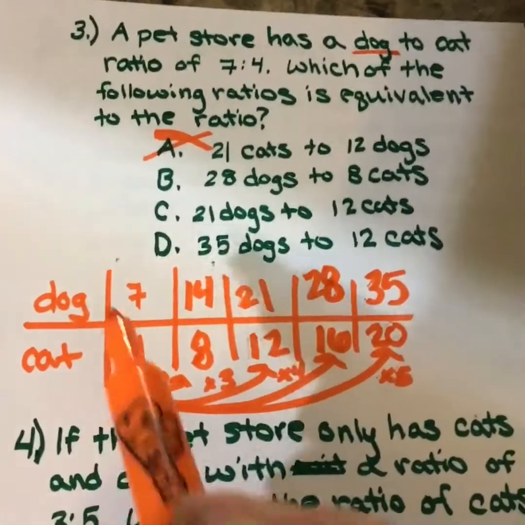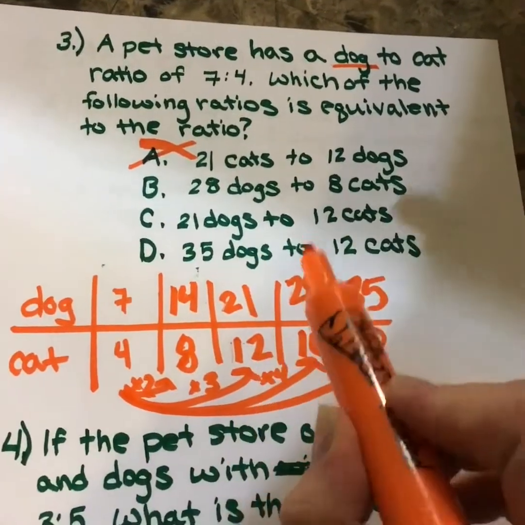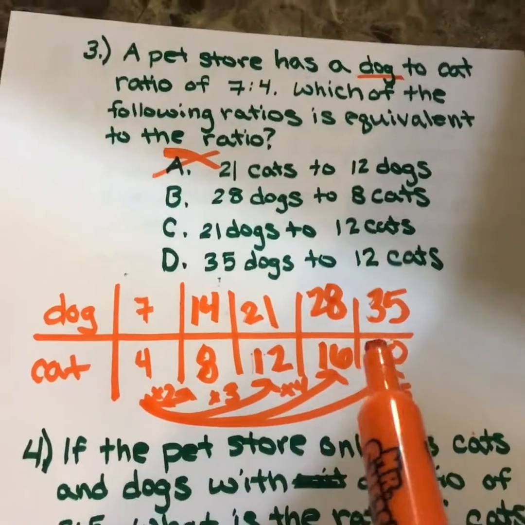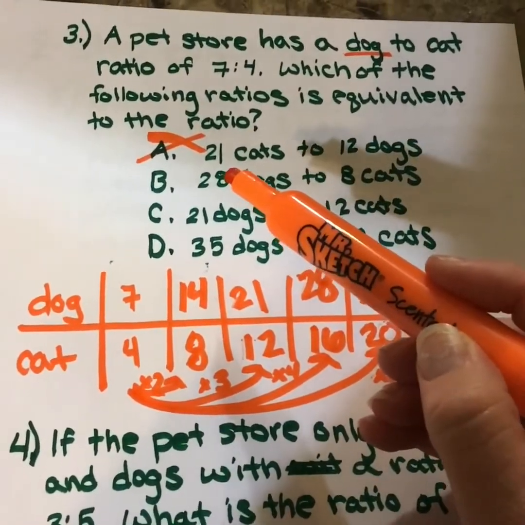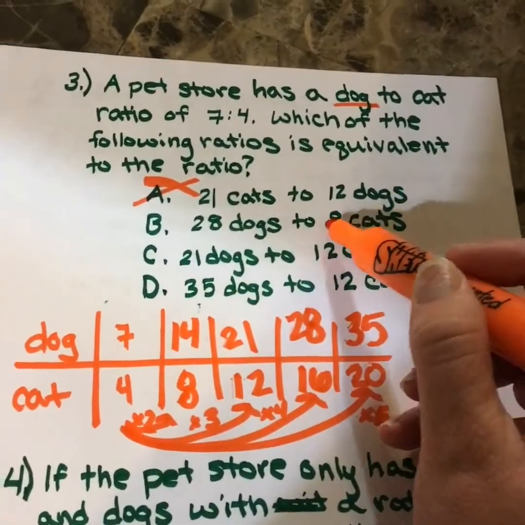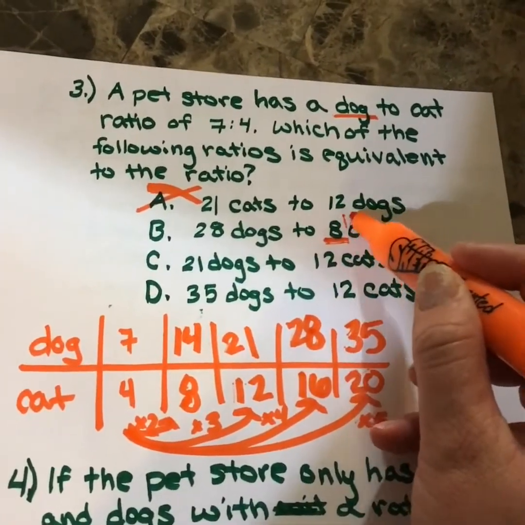So we know every single one of these ratios, up and down, are equivalent. So do we have any of those? Is there a 28 to 8? Nope. Can't be B because this needs to be 16 cats.